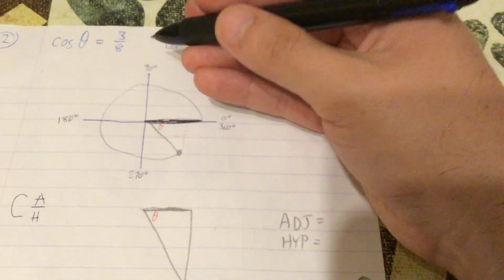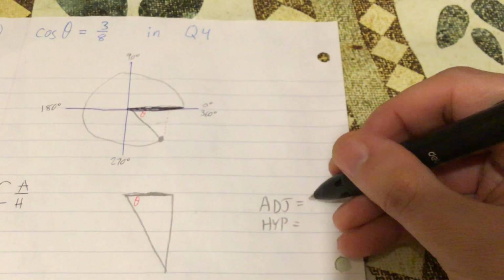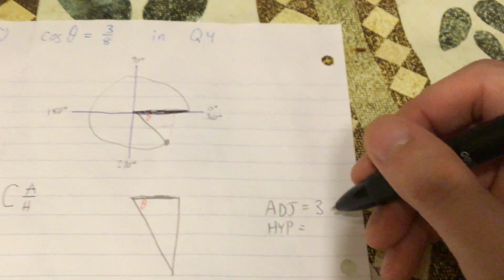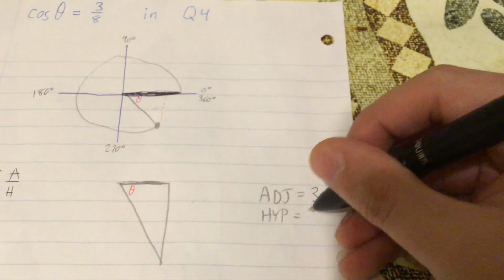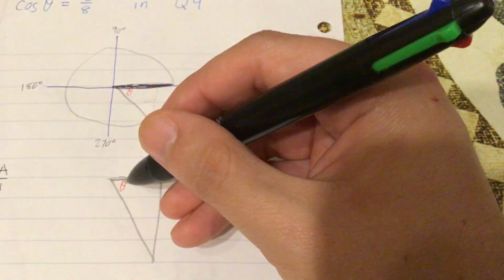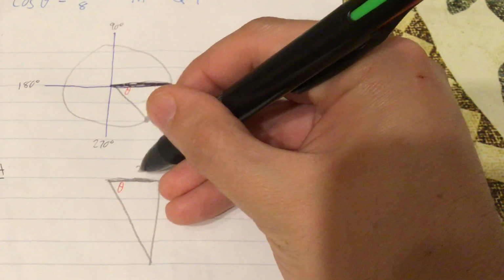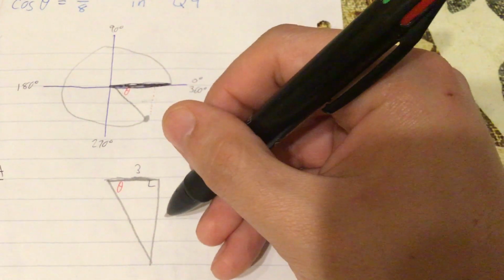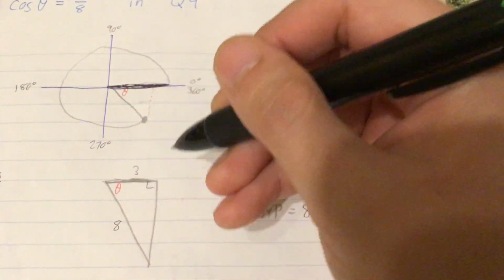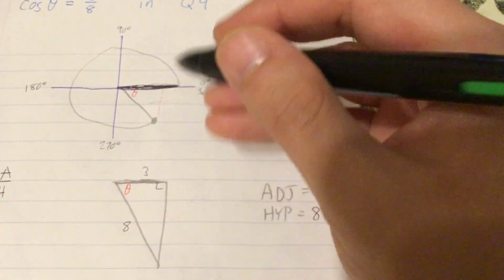So the top part is the adjacent side, which is 3. The denominator is the hypotenuse, which is 8. So therefore, if we've got an angle theta, 3 is the adjacent side, and 8 is the hypotenuse. So this is what our triangle looks like right now, just in quadrant 4.